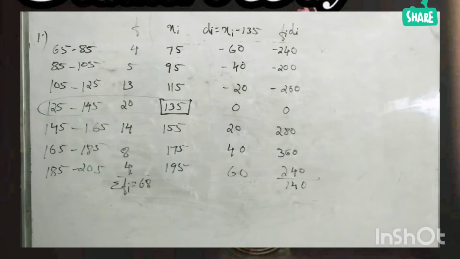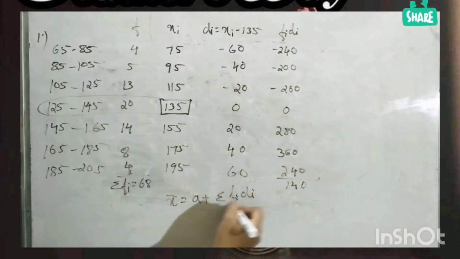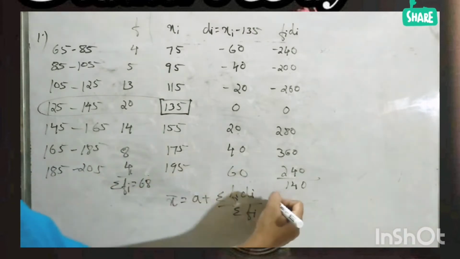Now by using the assumed mean method, x bar is equal to A plus summation fi di divided by summation fi, and A is 135.